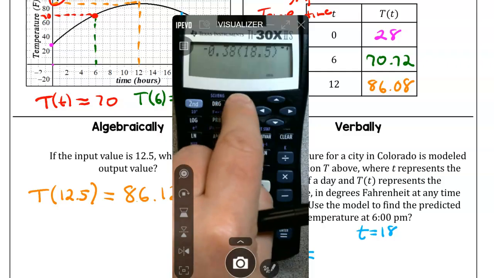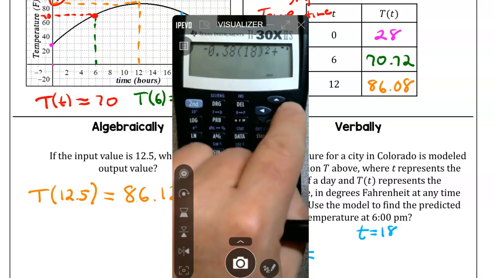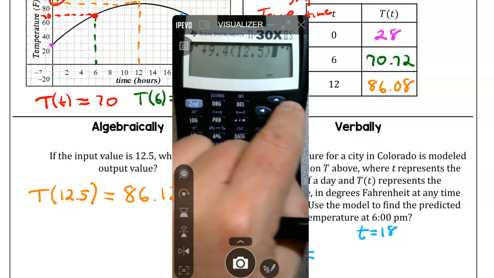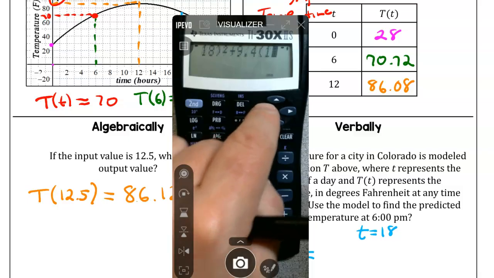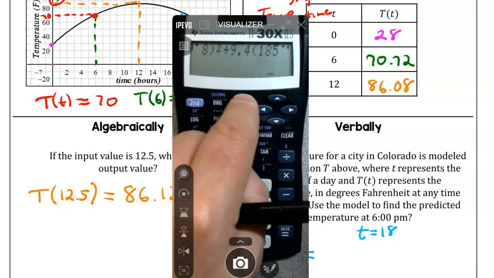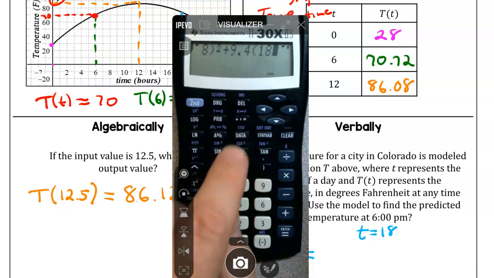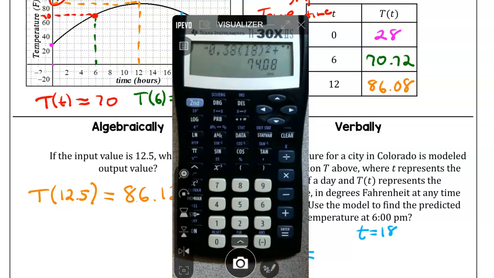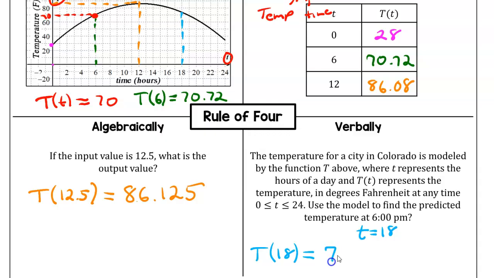I hit the delete button, which deletes the decimal and the 5. Then I can go over here and do it again. I want 18 hours, so I do 18 and delete the decimal, hit delete, and delete again. Now we have a function where we're plugging in 18, and it's going to be about 74 degrees, 74.08.